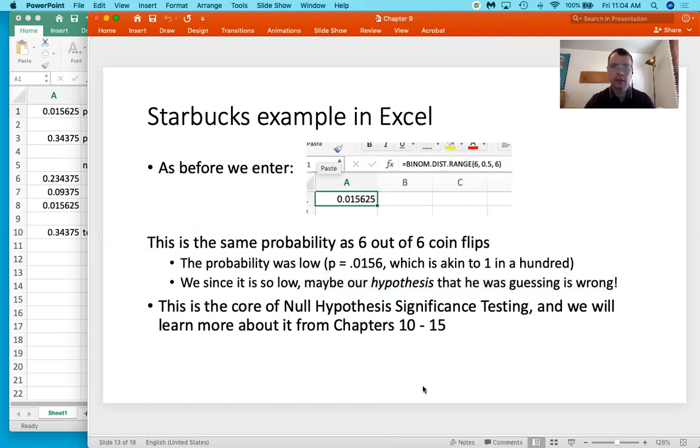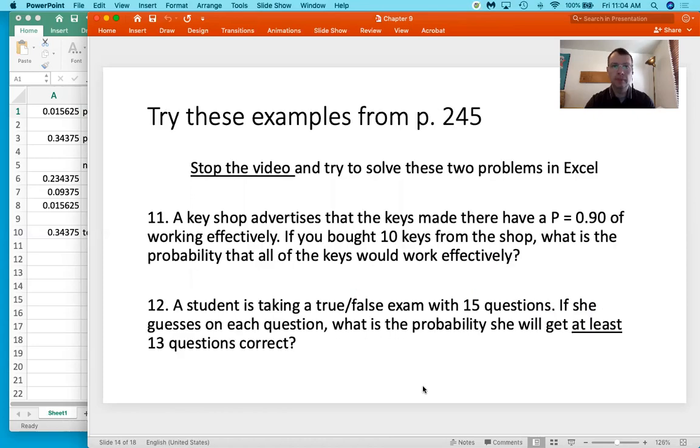Okay? All right. So I'd like you now to stop the video, pause it, and try to solve these two problems in Excel. The first problem is a key shop advertises that the keys made there have a 0.9 probability of working effectively. If you bought 10 keys from the shop, what's the probability that all the keys would work effectively?